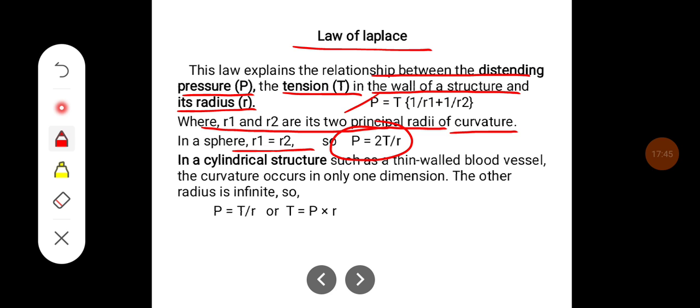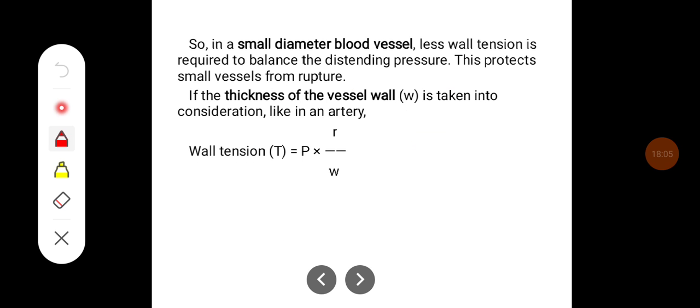In a cylindrical structure such as a thin-walled blood vessel, the curvature occurs in only one dimension, and the other radius is infinite. So here P becomes T by R, or the tension becomes pressure into radius. So in a small diameter vessel, less wall tension is required to balance the distending pressure.